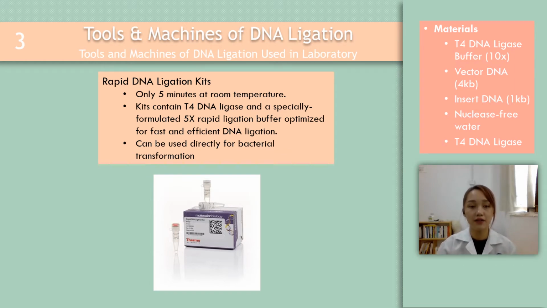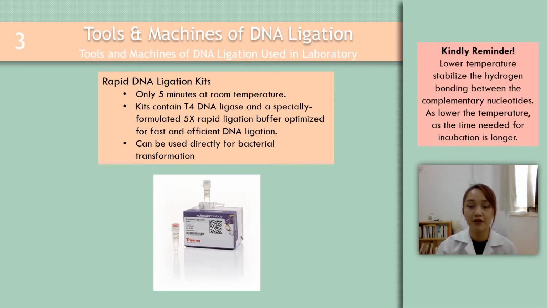One of them is the rapid DNA ligation kit, where the DNA ligation can be done in only 5 minutes at room temperature. The kit contains T4 DNA ligase and a special formulated 5 times rapid ligation buffer, optimized for fast and efficient DNA ligation, and it can be used directly for bacterial transformation.